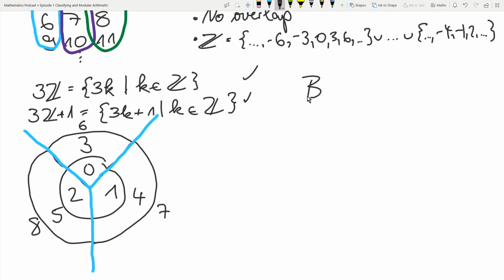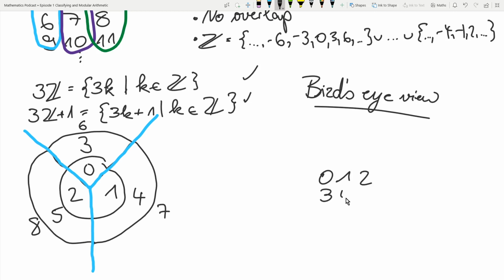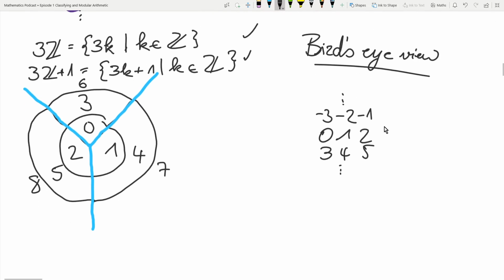So, bird's eye view. This would be this: 0, 1, 2, 3, 4, 5, and then minus 1, minus 2, minus 3. So this is if you look from up top.